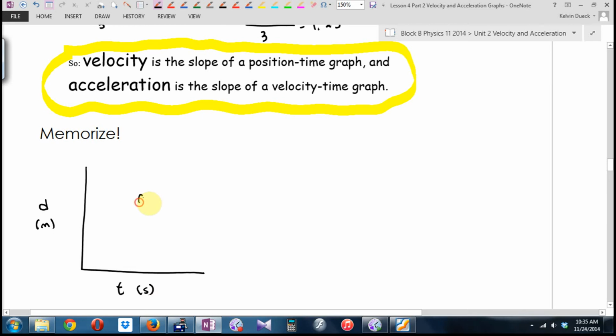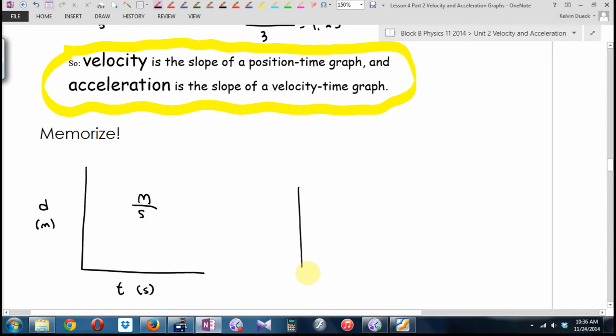You told me rise over. What units are on my run, on my x-axis? If you know that meters per second is velocity, if you go rise over run, you can memorize that the slope of a position versus time graph is the velocity, or in that one line, it stands out at you.